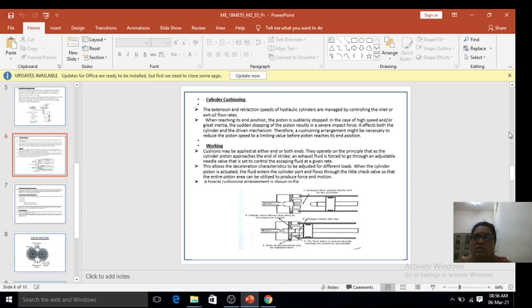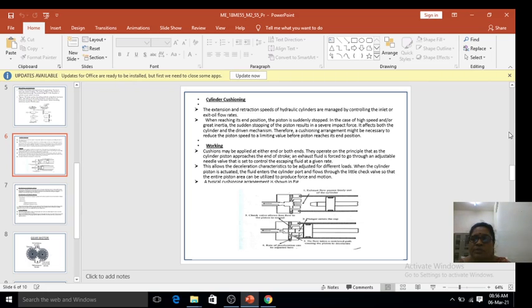Therefore, a cushioning arrangement might be necessary to reduce the piston speed to a limiting value before the piston reaches its end position. Cushioning may be applied at either end or both ends.